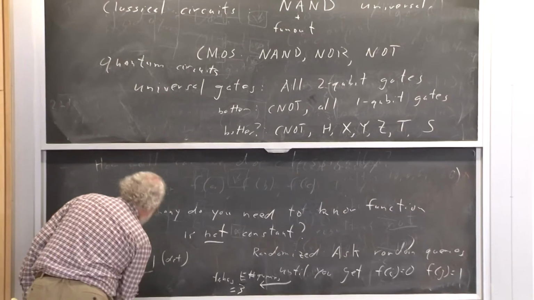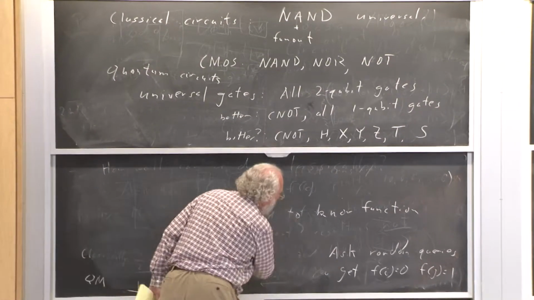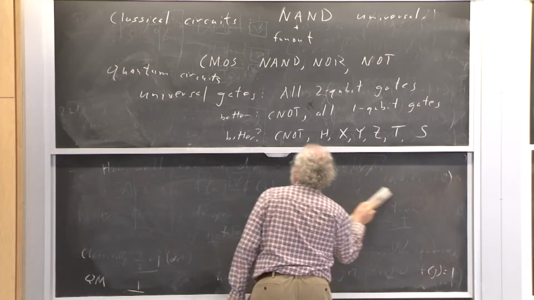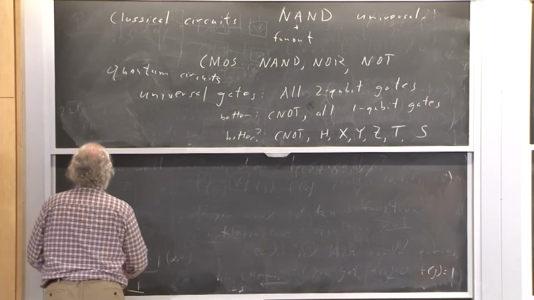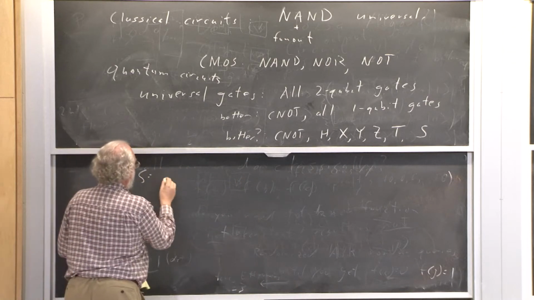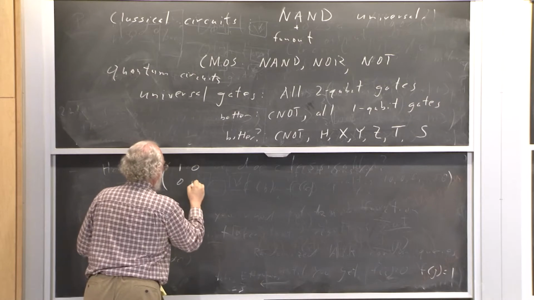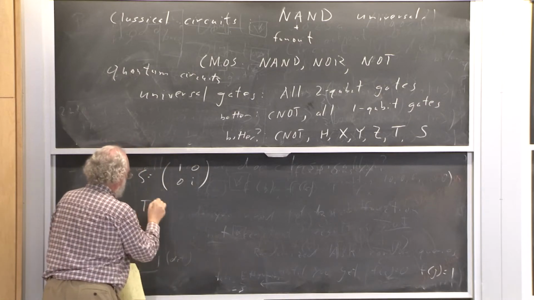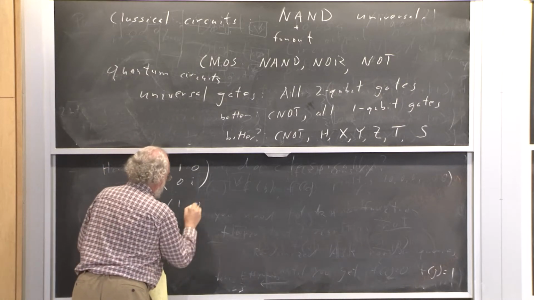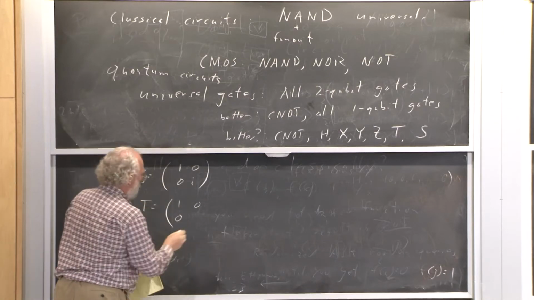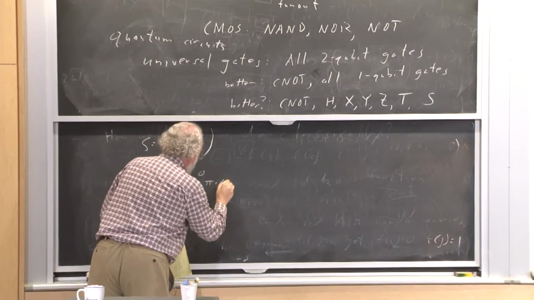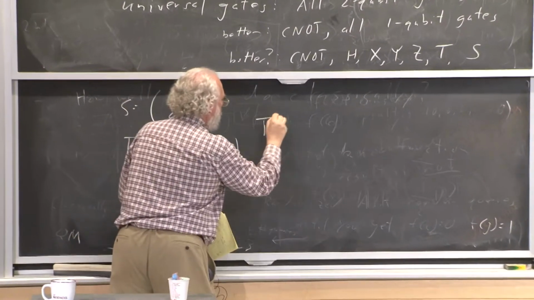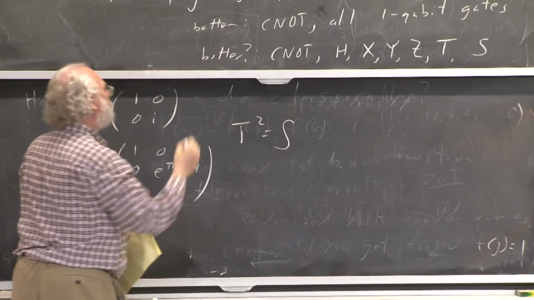So let me remind you what S is and what T is. S equals 1, 0, 0, i, and T is equal to 1, 0, 0, e to the pi i over 4, and T squared equals S.